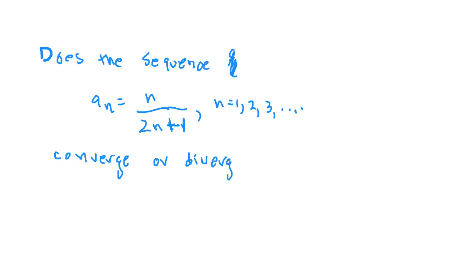Now, if a sequence converges, you've seen convergence already with improper integrals. If a sequence converges, that means the sequence reaches a limit. If the sequence converges, then as n goes to infinity, the sequence will reach a limit. If the sequence diverges, that means as n goes to infinity, the sequence does not reach a limit.